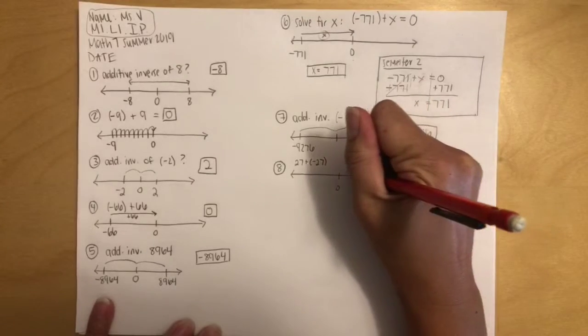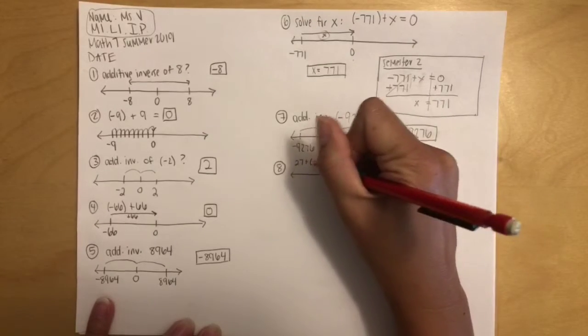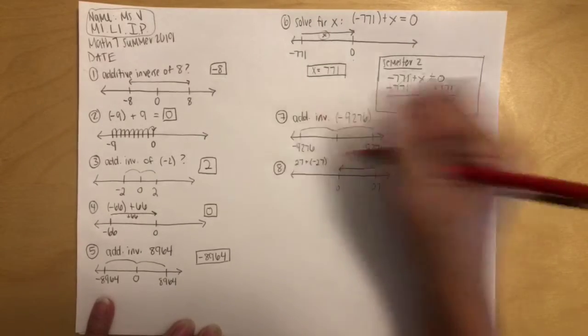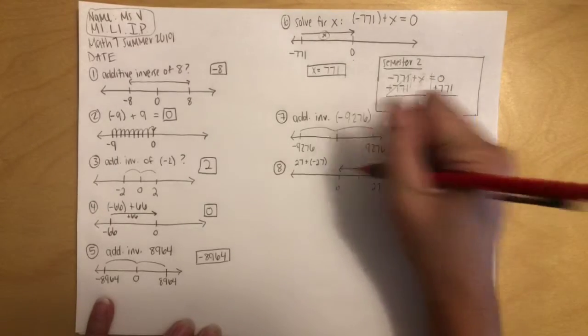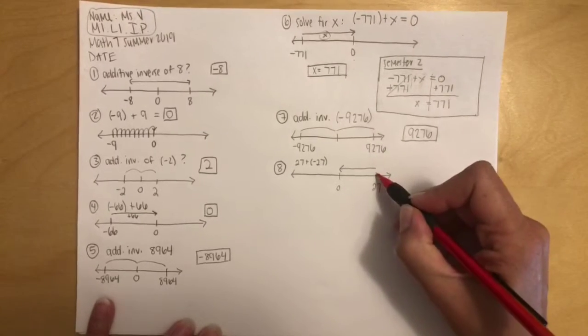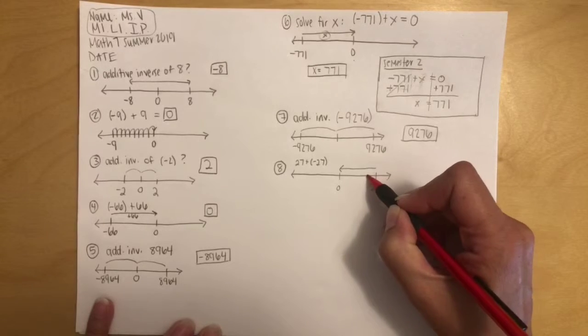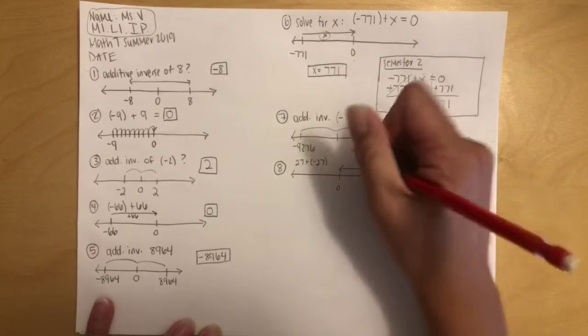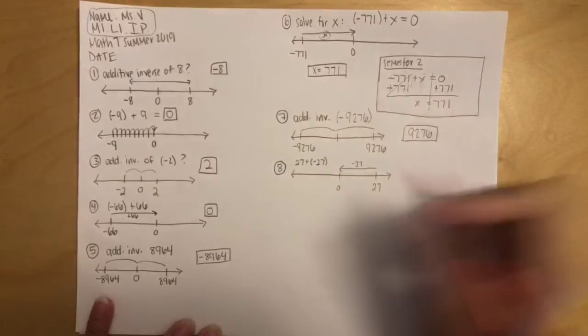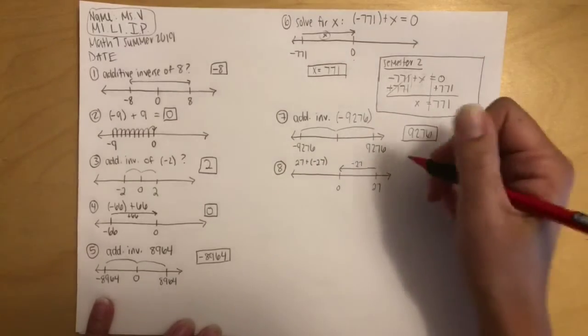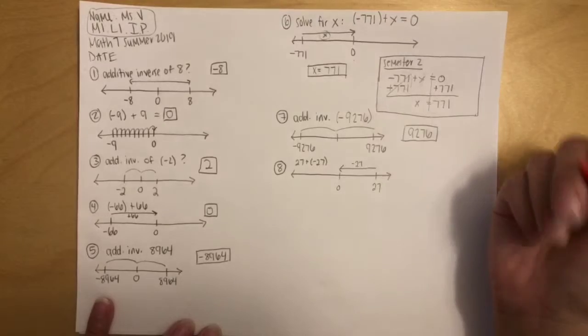And to that, we're adding a negative direction of 27 steps. Imagine that you're standing on this number line right here, and you're going to walk backwards 27 steps. That's kind of what it's telling you here. And of course, you'll wind up at 0.